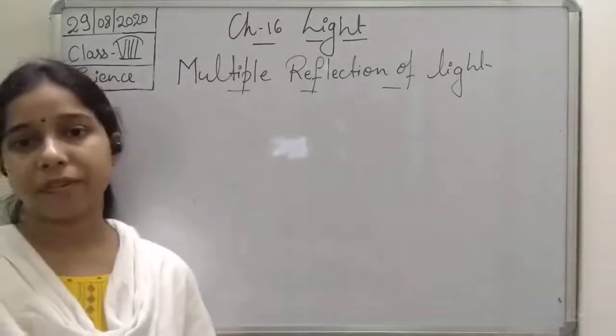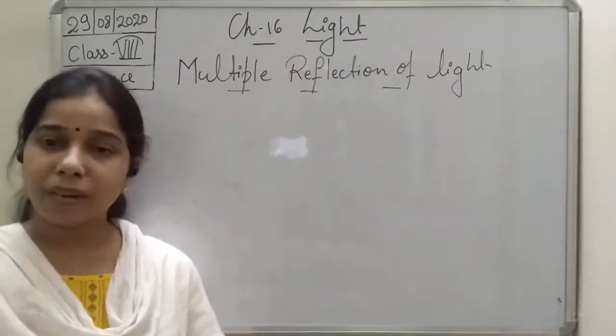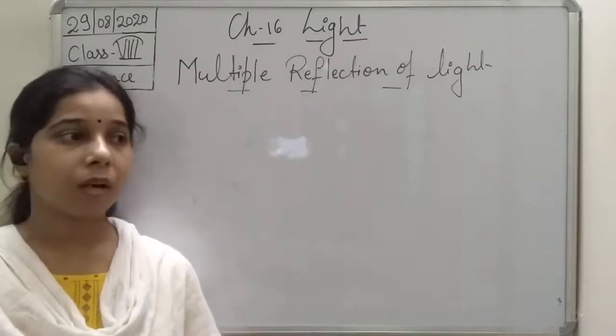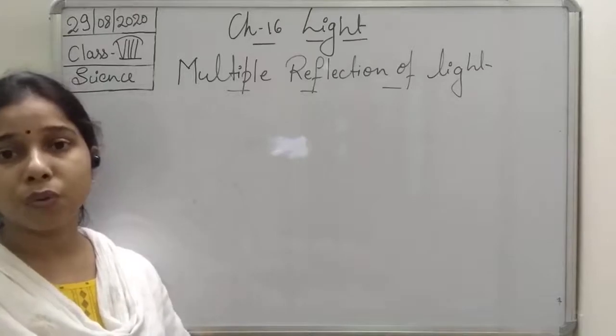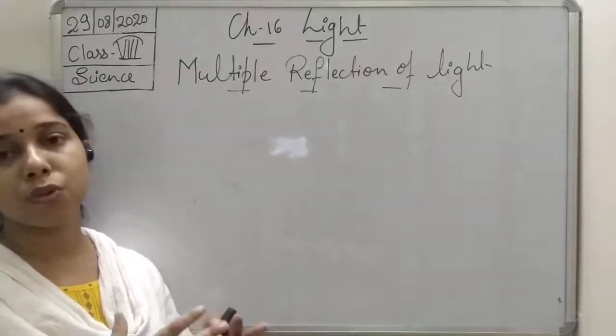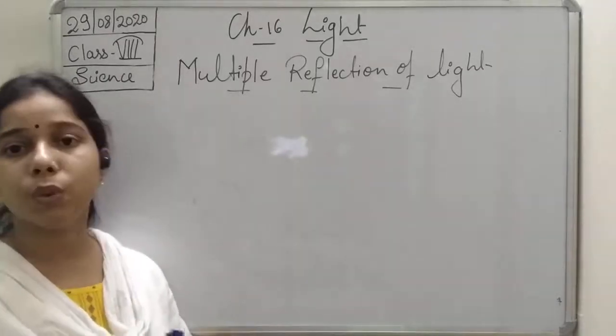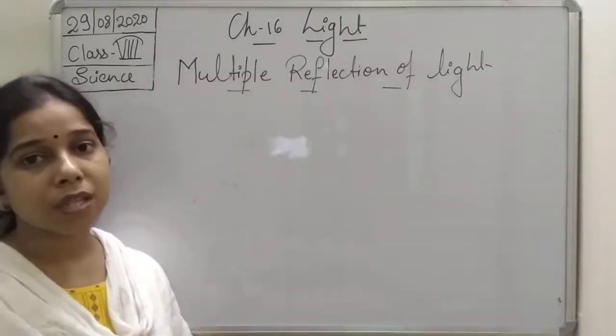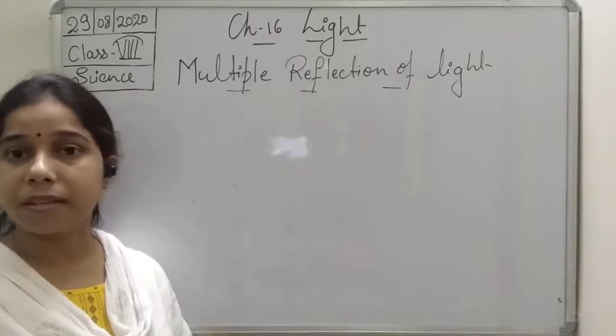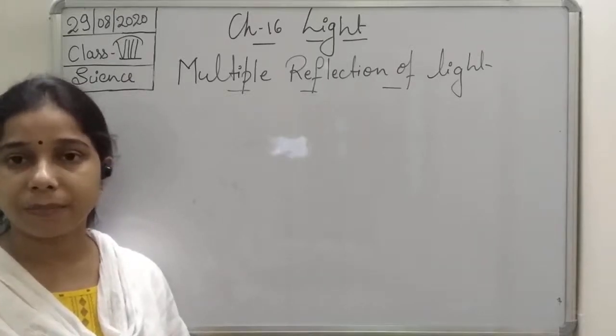In multiple reflection, the reflection of light occurs back and forth several times when we keep two mirrors at an angle to each other. Such a kind of reflection is known as multiple reflection of light.